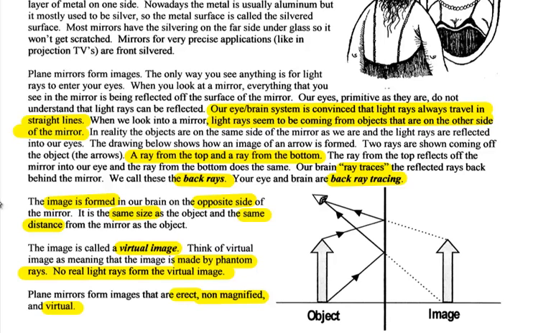Next part, it says our brain ray traces the reflected rays back behind the mirror, and we call these back rays. So the light is coming here, it's reflecting, and our back ray tracing is this process of trying to account for what our brain thinks it has seen.